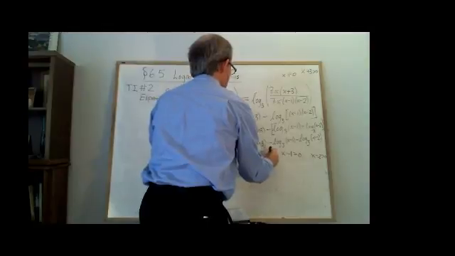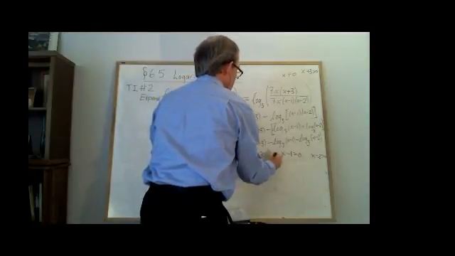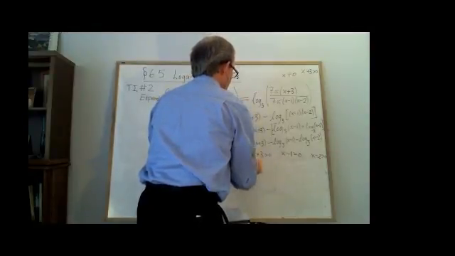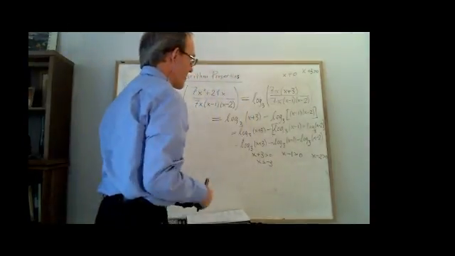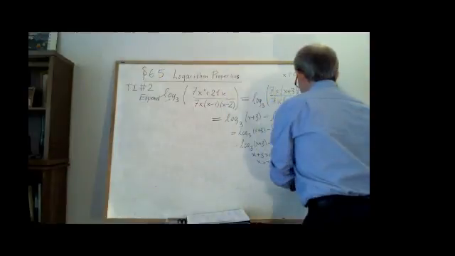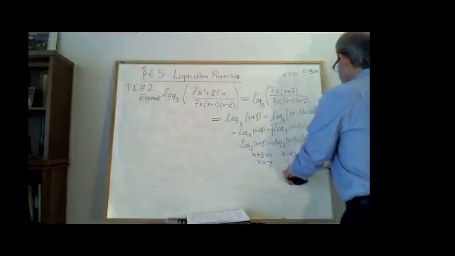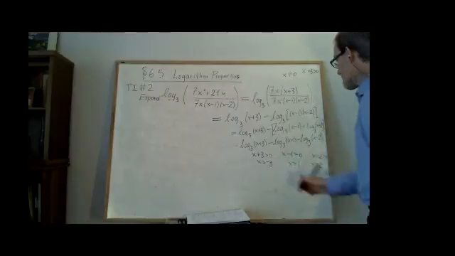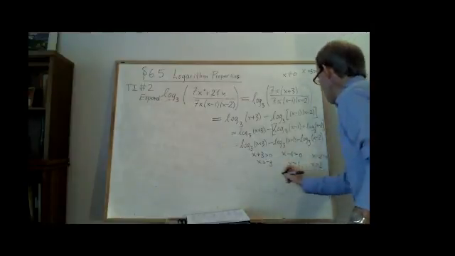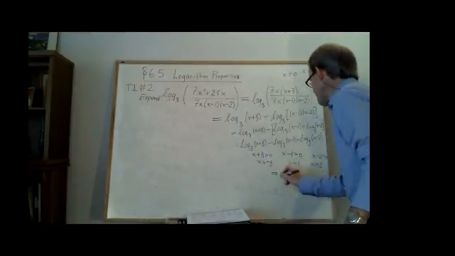All three arguments should be positive. So these will be true when x is at the same time greater than minus 3, greater than plus 1, and greater than plus 2. The only way that these are all true at the same time is if x must be greater than 2.